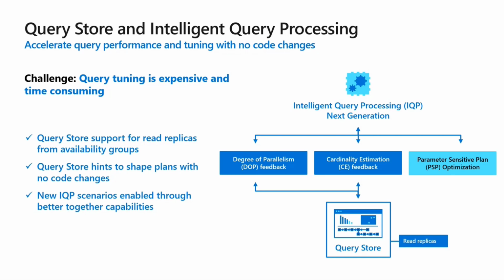And then we have the possibility of having a version of Query Store for the read-only replicas. We know that the workload that we have in our read-only replicas is quite different from the one that we have in our primaries.